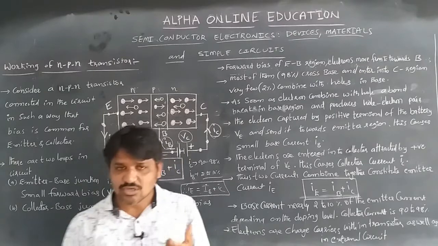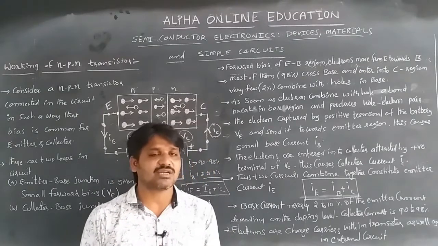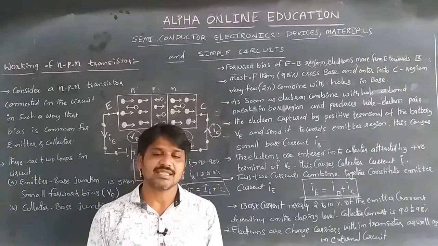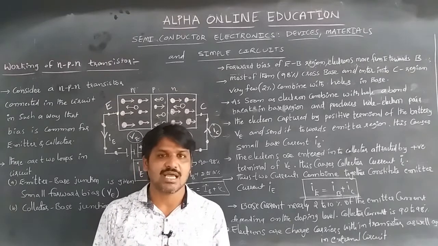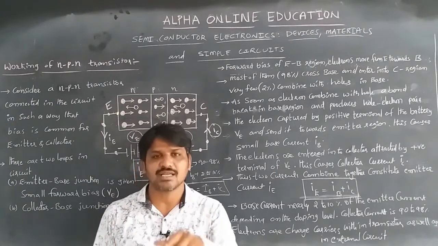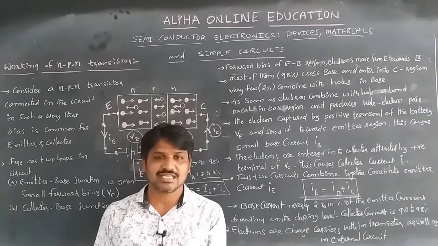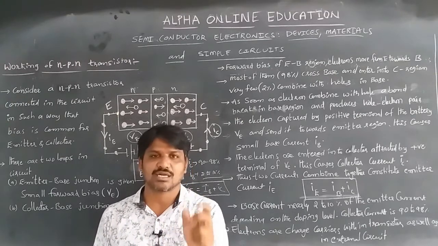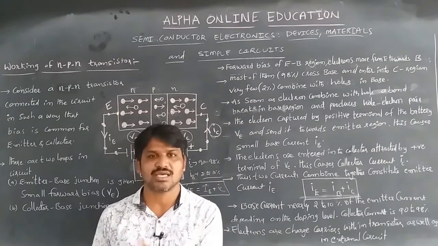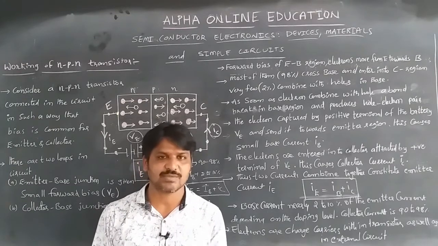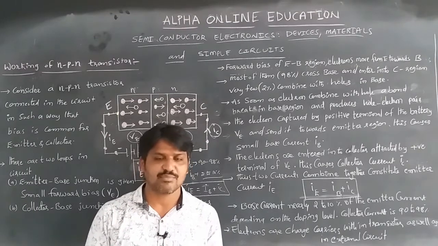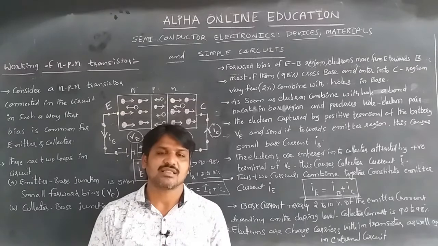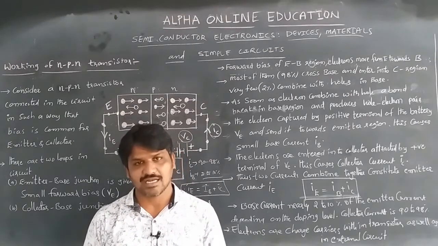Here the electrons are the majority charge carriers. Electrons are the charge carriers in the transistor as well as in the external circuit. In the external circuit, the current passes only due to electrons. So in both PNP and NPN transistors, the charge carriers in the external circuit are always electrons.